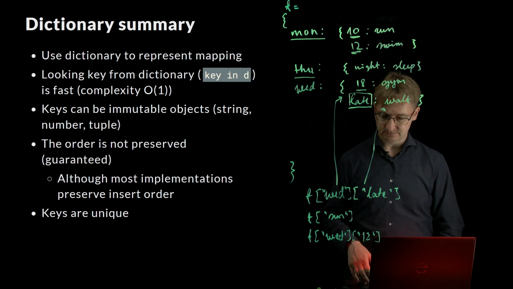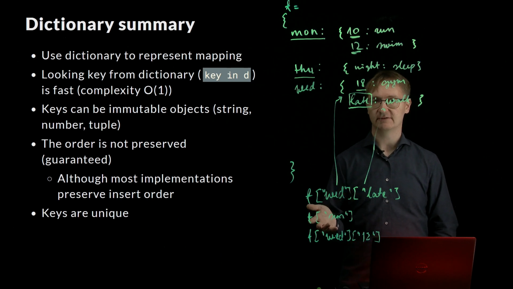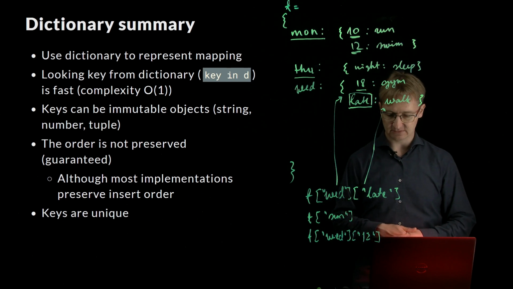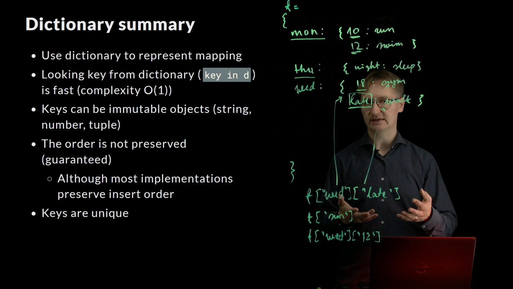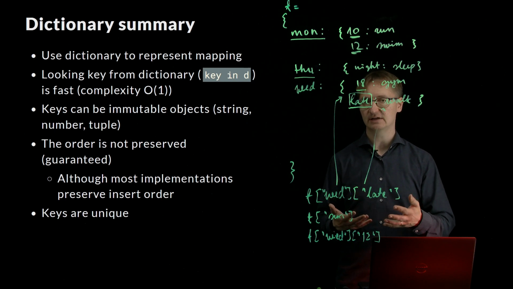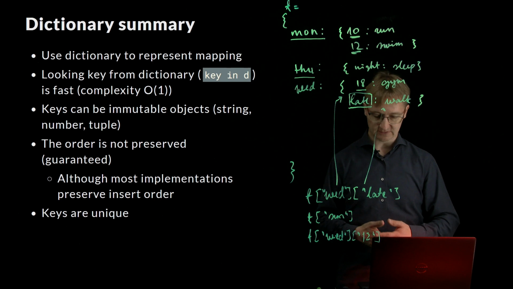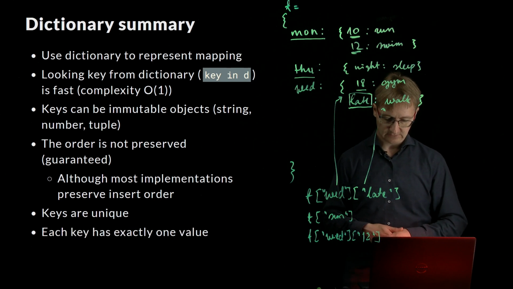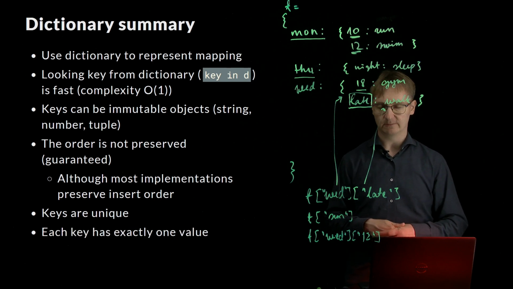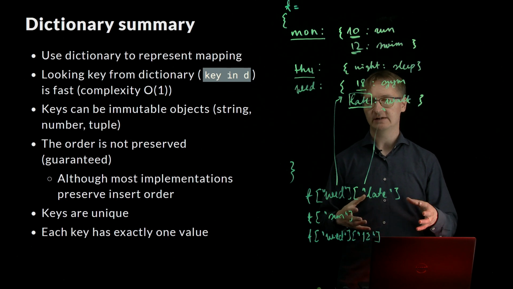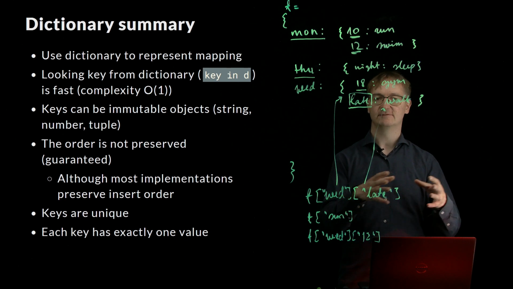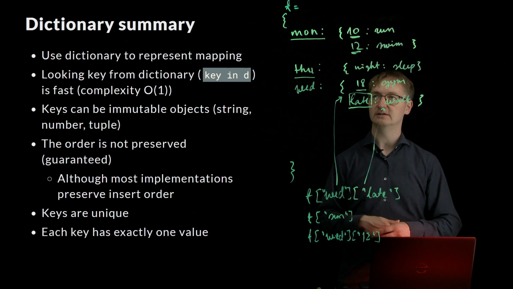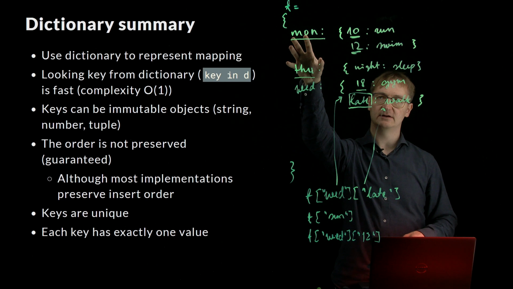Keys are unique, so you cannot have two same keys in your dictionary. If you try to add a key-value pair with an existing key, the original one is overwritten. Each key has exactly one value, but this value can be a list, so you can have several values for one key. The same goes, for example, for this Monday here.